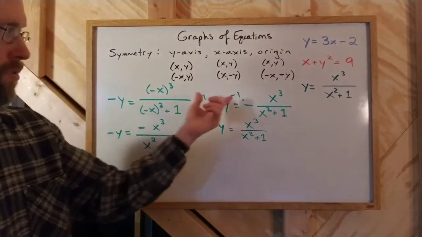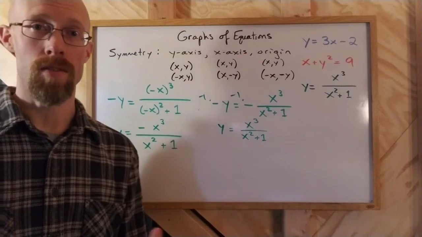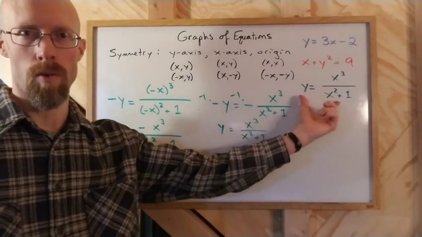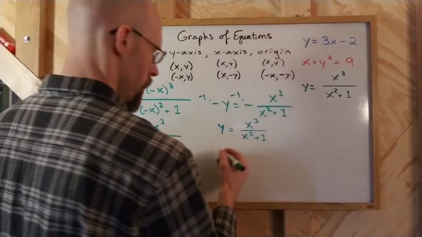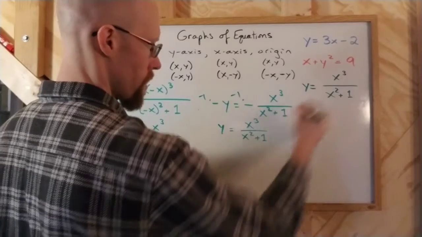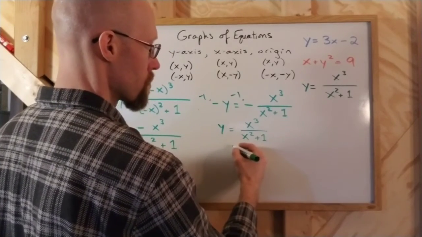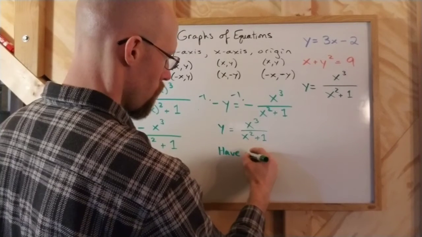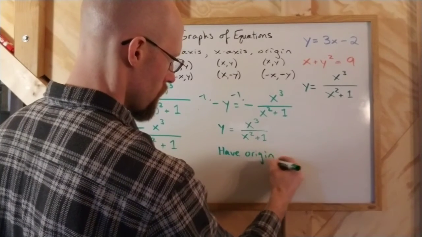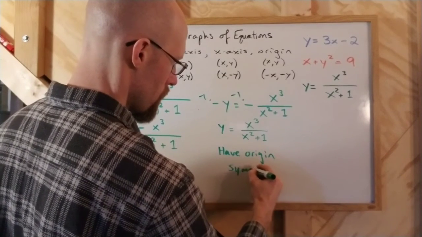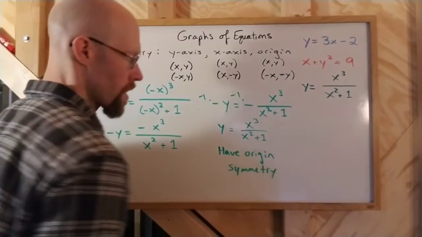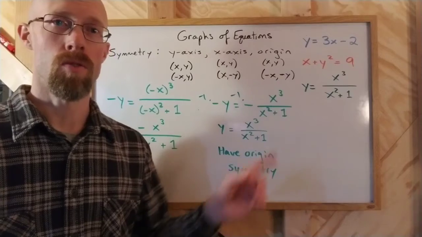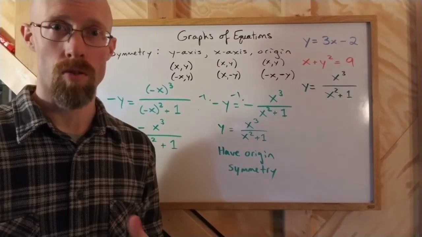By multiplying both sides by that negative, the negatives cancel out on both sides, and we end up with the original equation. So when that occurs, these two things are equal, I would say that we have origin symmetry. Okay, so any point on the graph is going to reflect through the origin or across the origin.